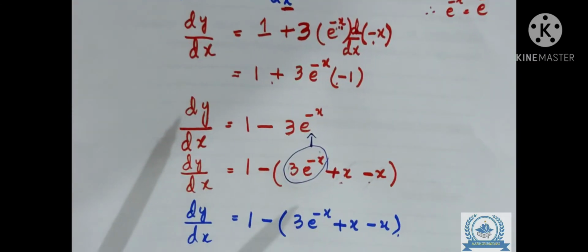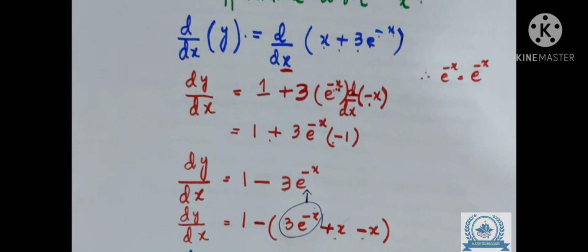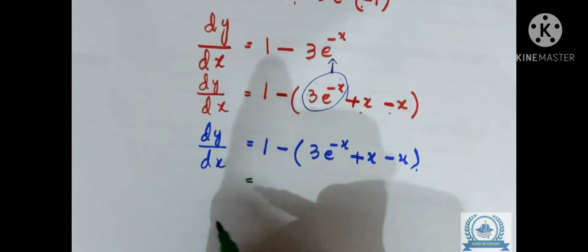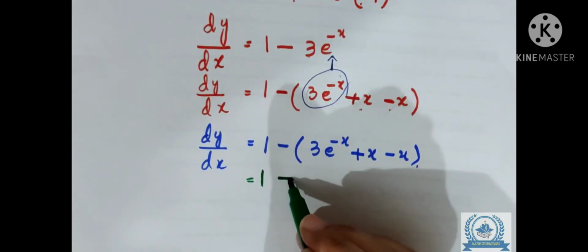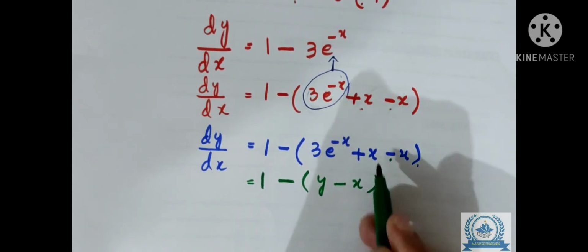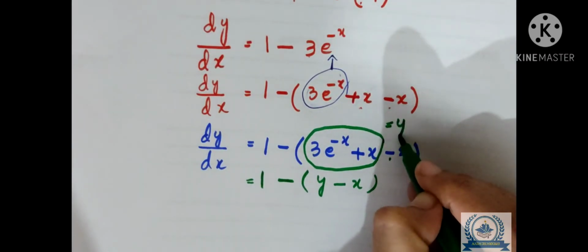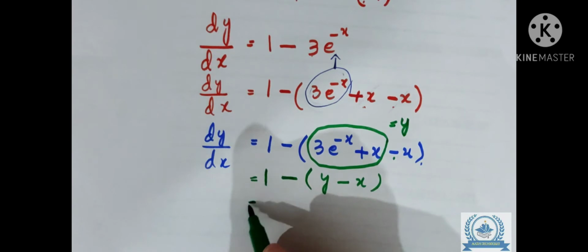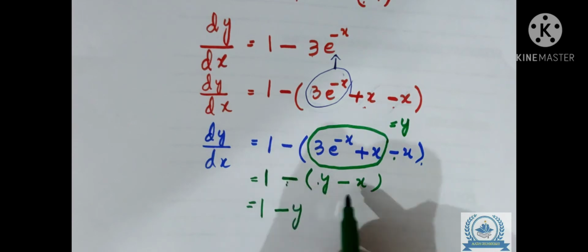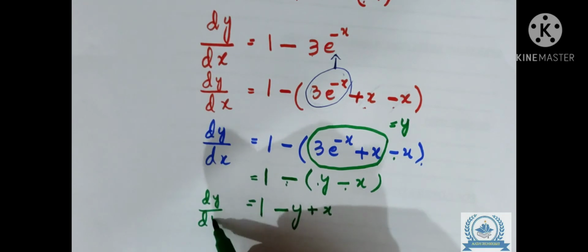I'm gonna write here y, so 1 minus y minus x, because this expression is equal to y. Simplify it: dy over dx is equal to 1 minus y plus x.